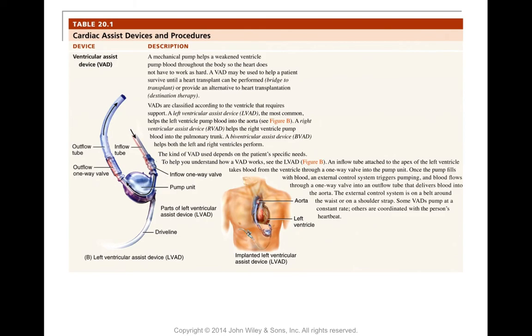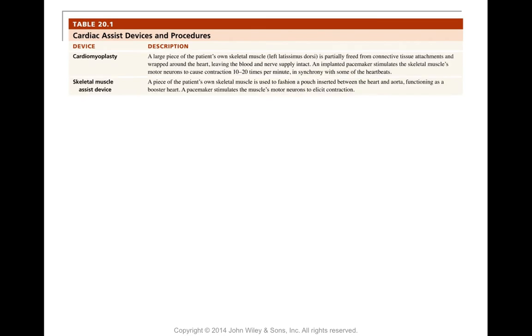So, all right. We also have something called a cardiomyoplasty, and basically what happens here is skeletal muscle is used to help assist the heart. They take the left lat muscle, which is in the region where the heart is anyway. They free it partially from the connective tissue attachments, wrap it around the heart, and then implant an electrical pacemaker so the skeletal muscle contracts in sync with the heartbeats.